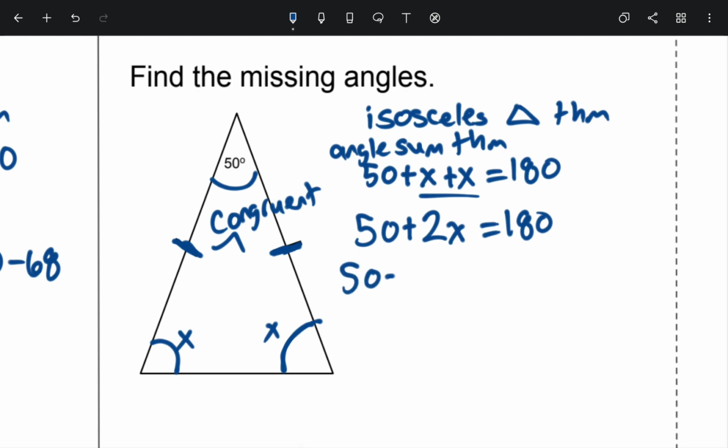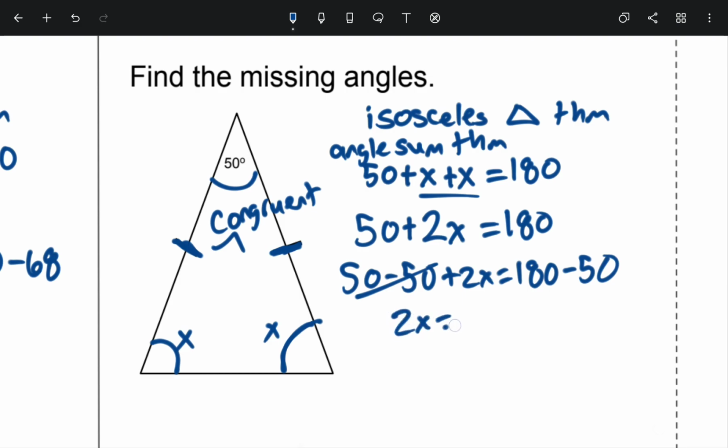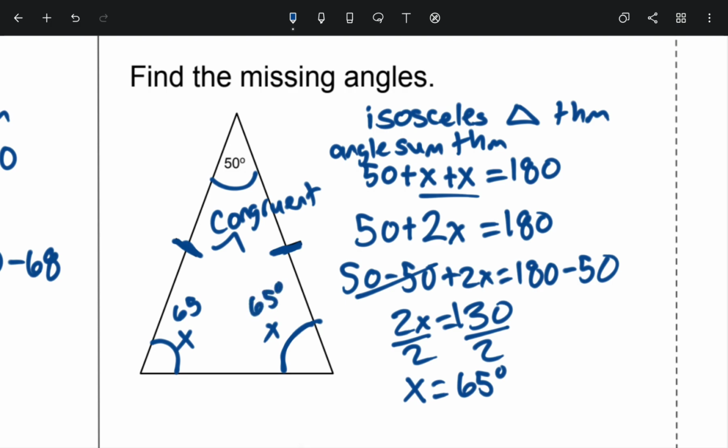Now I'm going to subtract 50 from both sides. That gives me 2x equals 130. Now to get x alone, we have to divide both sides by 2. And we can see x is equal to 65 degrees. So both of these base angles are 65 degrees.